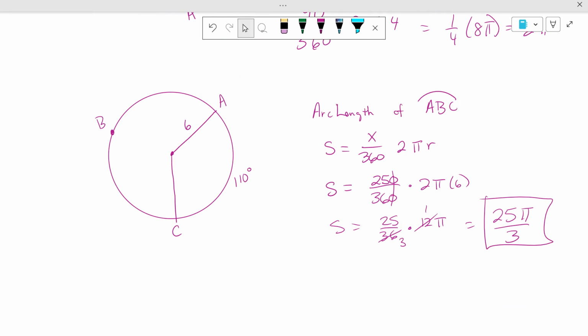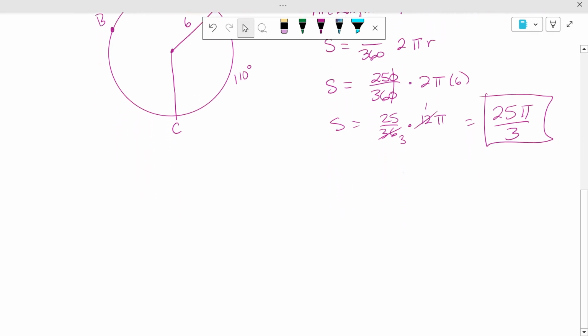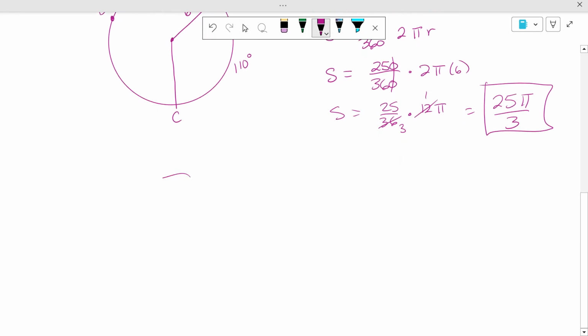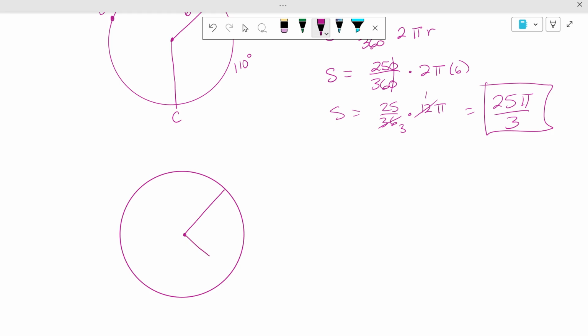Okay, arc length. But not all the time will you be given the angle in degrees. In trig class, we deal with angles in radians. So let's say our radius is 12 and our angle is pi over 4 radians.